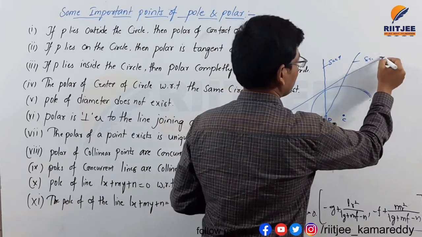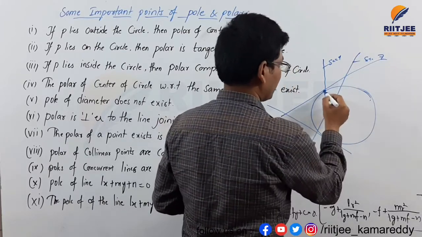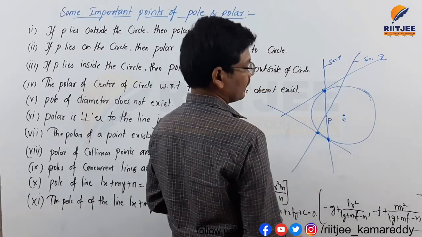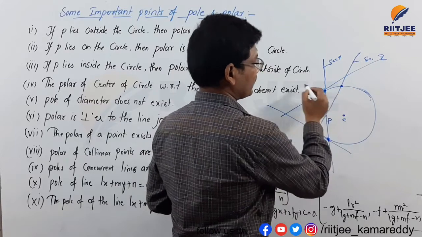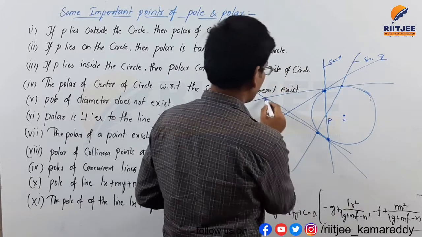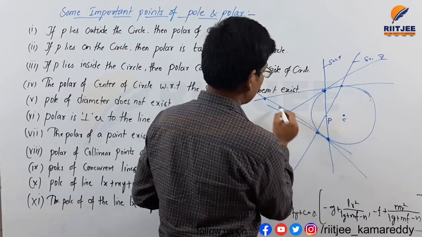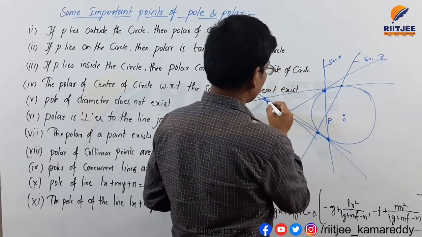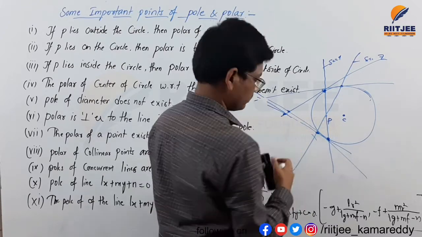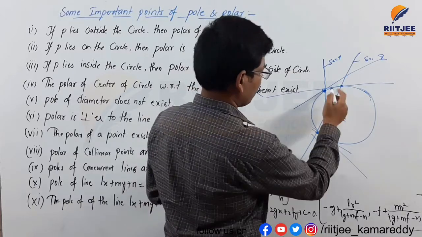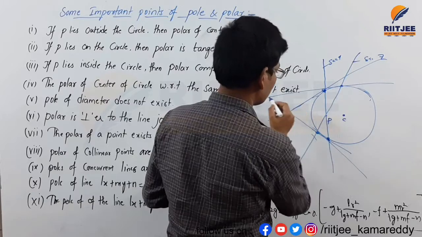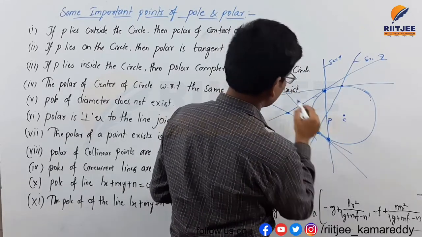This is secant line 2 here. From these points of contact, I am drawing 2 tangent lines, and from the other points of contact, 2 more tangent lines. From these 2 tangent intersecting points, I am drawing the line here.